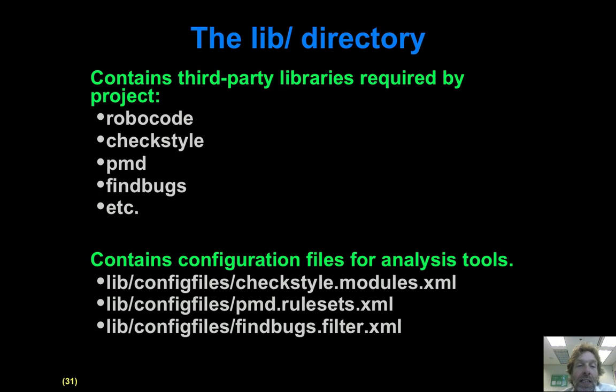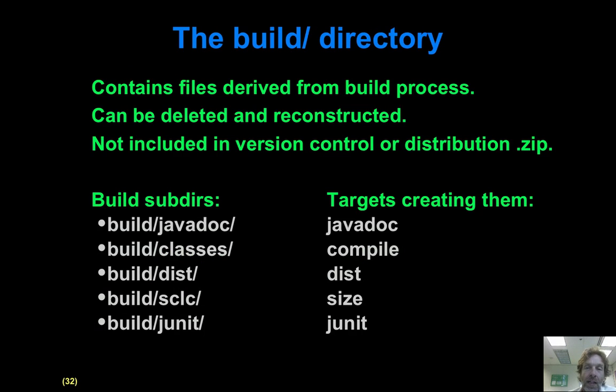There's a lib directory, and as I mentioned before, that is a directory that you'll never really touch. It will be automatically maintained by Ivy, and that's going to be the location where any third-party libraries needed by your project are going to be placed. And then, as I said before, there's also a build directory.